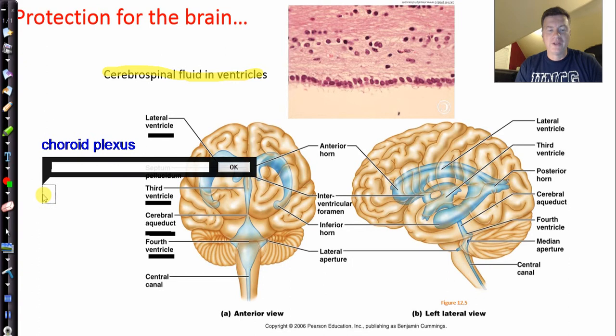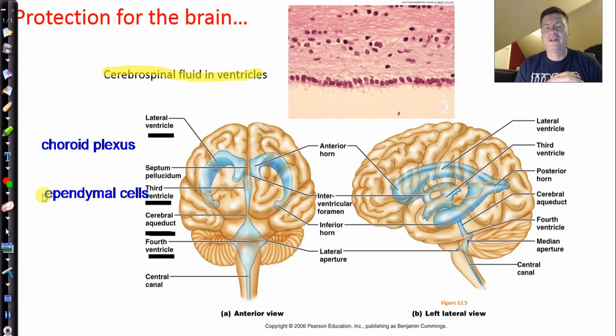And you recall ependymal cells are going to be a kind of glial cell. These are going to be specialized to actually use blood plasma to manufacture cerebral spinal fluid. So in the choroid plexus, we're making this fluid, the cerebral spinal fluid, and you make about 500 milliliters a day.